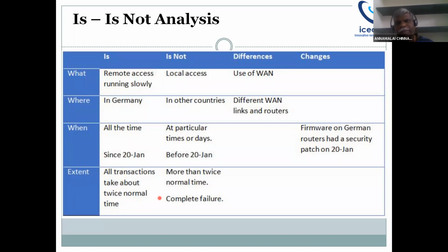It is always happening, and only since 20th of January. It was not happening before that. The extent of the problem is that it is taking almost twice the normal time, neither more than twice the time nor a complete failure. So by doing this analysis, you'll be able to clearly define the exact problem.